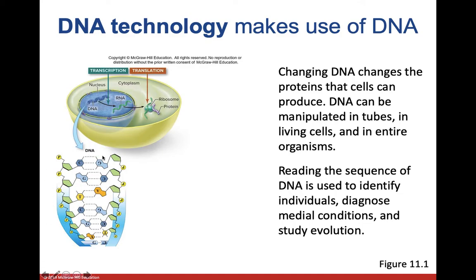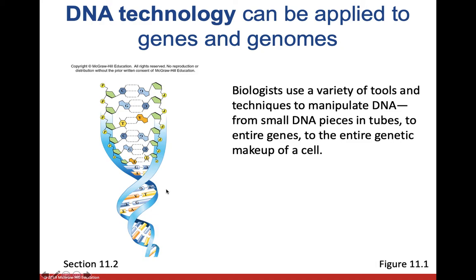It's also very useful for figuring out who's related to who, family-wise or genetically, and evolutionarily. It helps solve crimes and diagnose all kinds of medical conditions by DNA. So there are lots and lots of ways that scientists and biologists in particular manipulate DNA.